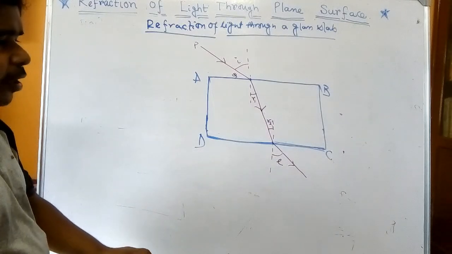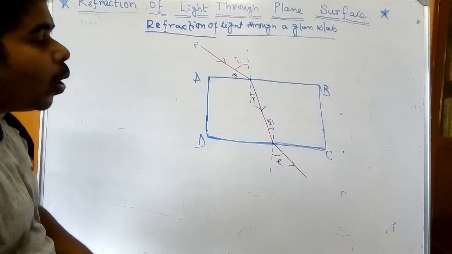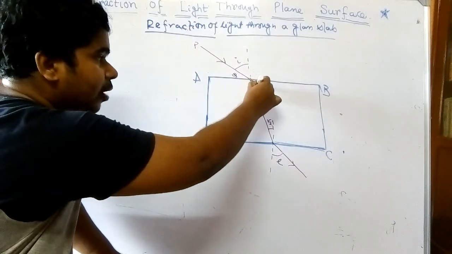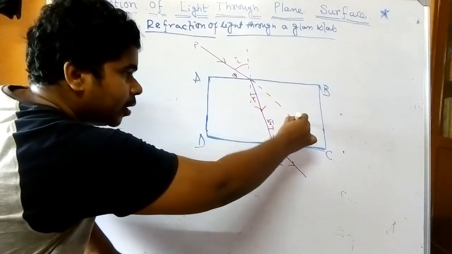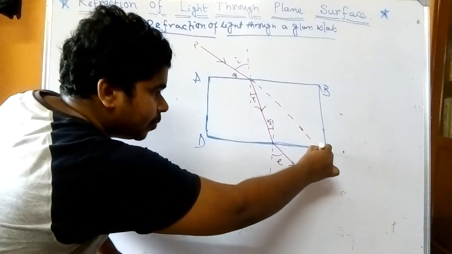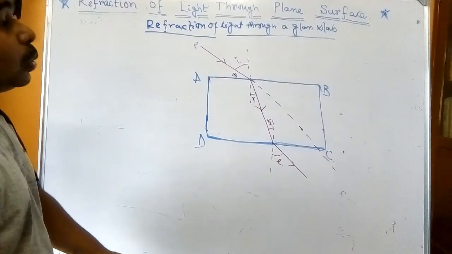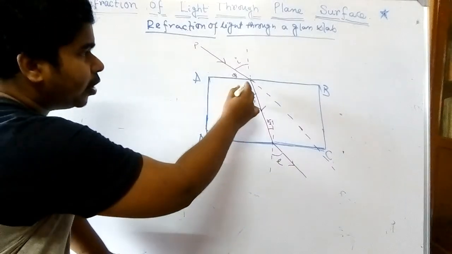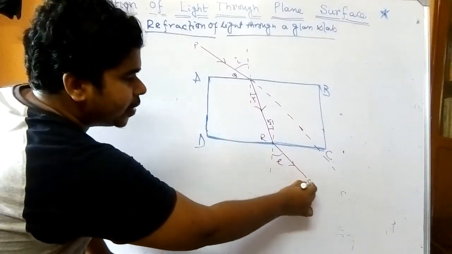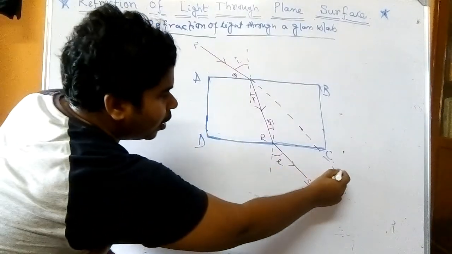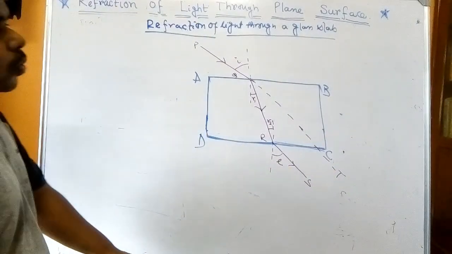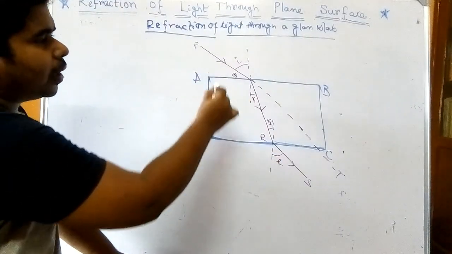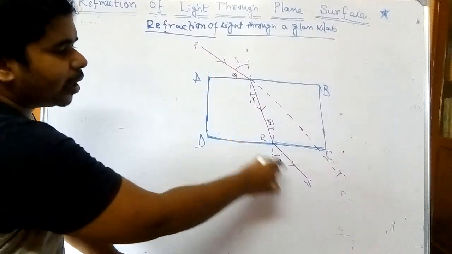If the glass slab did not come in front of the light ray, then the light would pass along this path in a straight line. But due to the presence of the glass slab, the light ray comes here. If I give the names R, S, and here T, the light ray should go along the path PT, but due to the presence of the glass slab it goes from PQ to QR and RS.